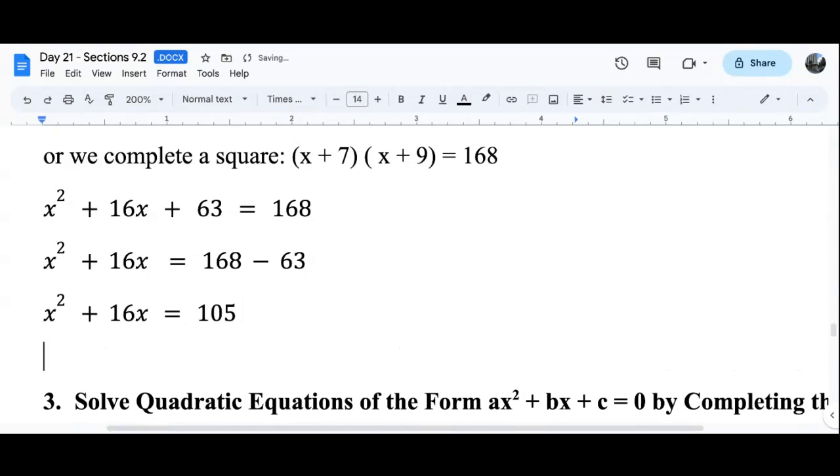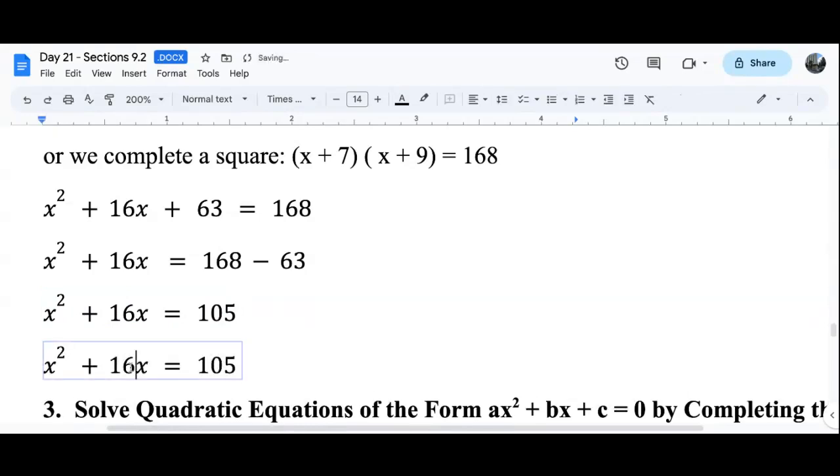Now let's complete the square. How do we complete the square? 16 is 2 times 8. We just add a square and subtract a square.